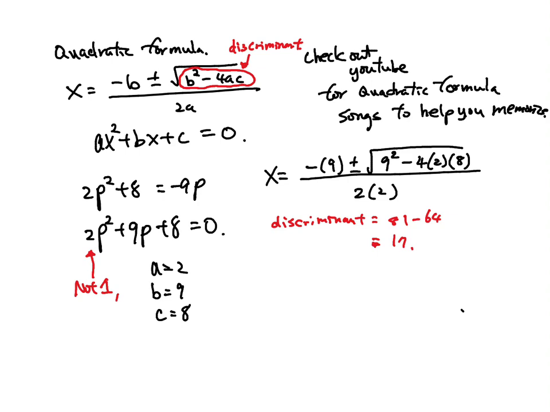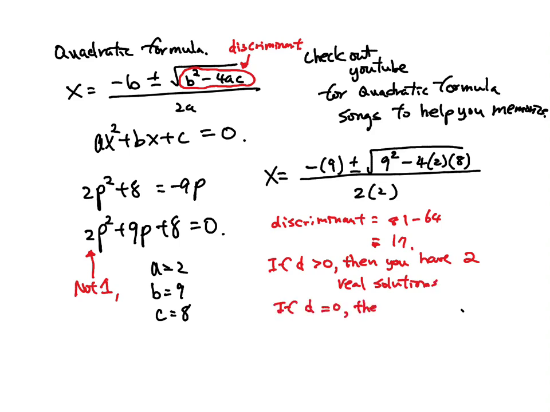Side note, if the discriminant is greater than 0, then you have two real solutions. If the discriminant is equal to 0, then you have one real solution.